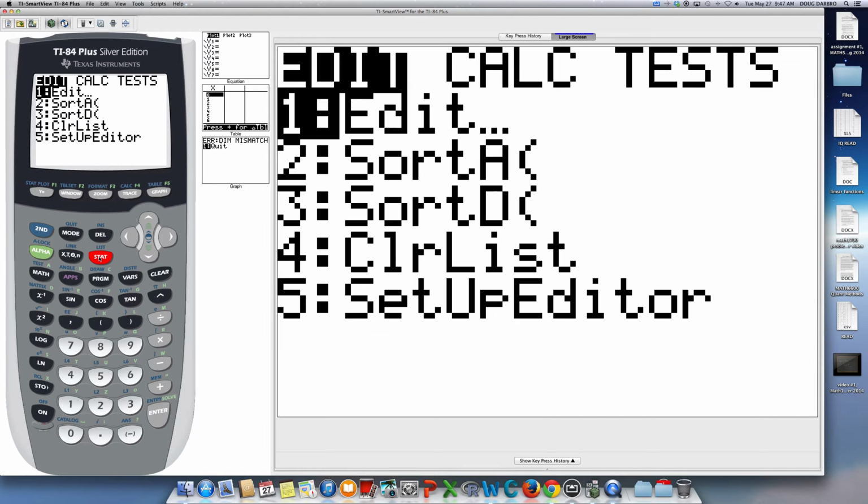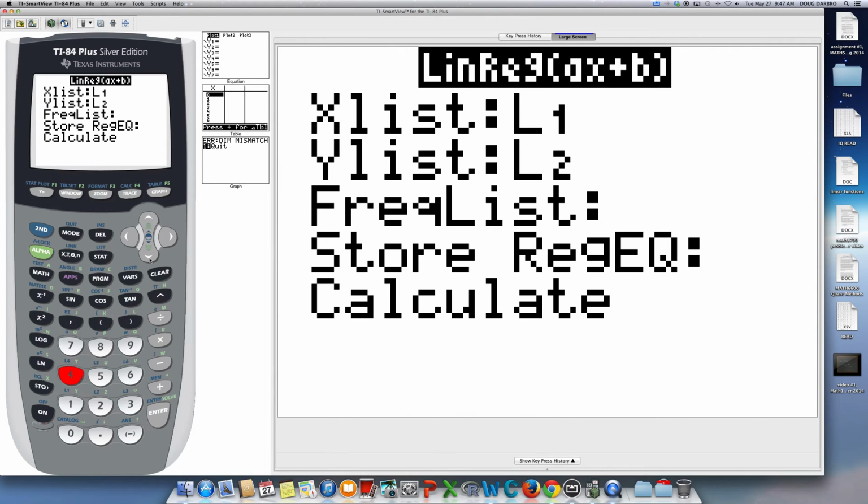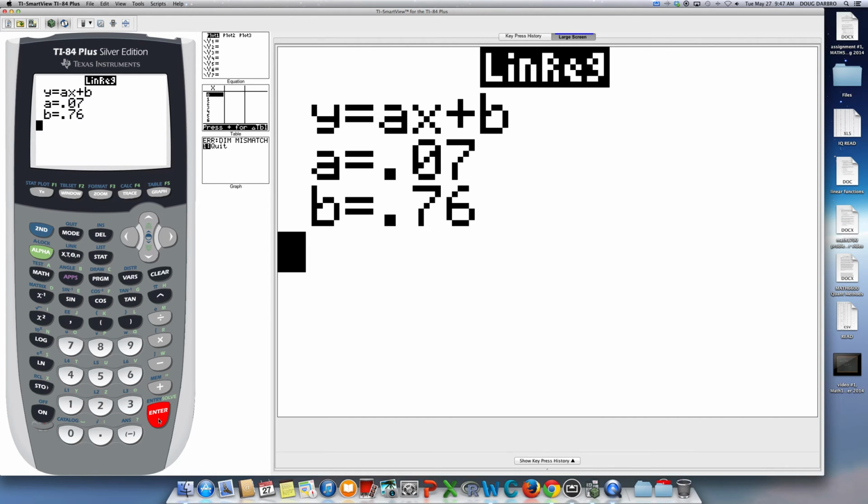Now, just like we've done before, stat, calc, linear regression. It's kind of cool because we're always going to use L1 and L2, and that's what will be there. So guys, just come down to calculate, go for it.